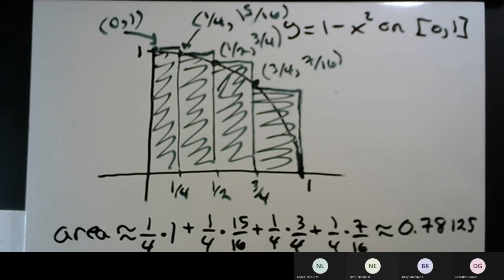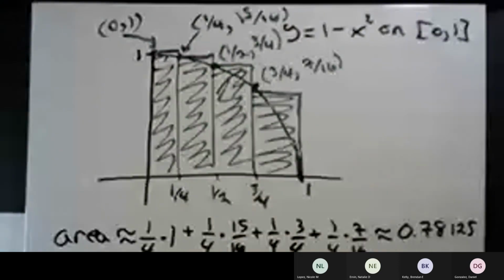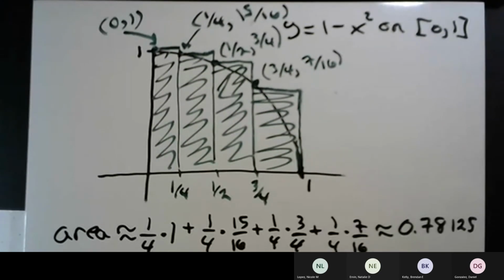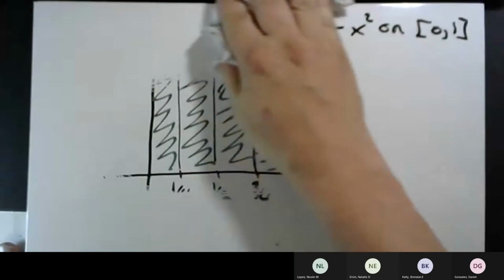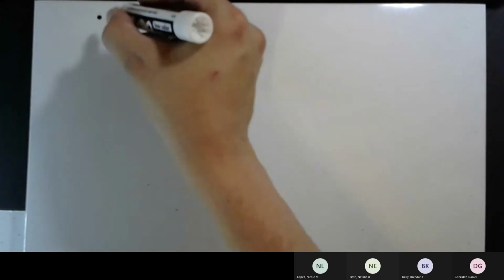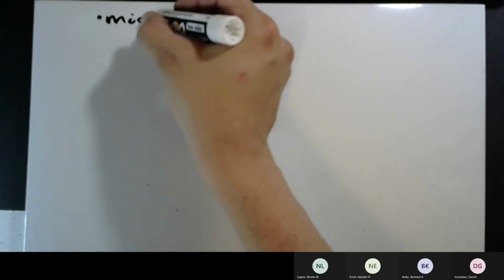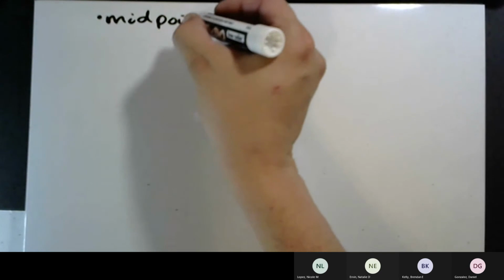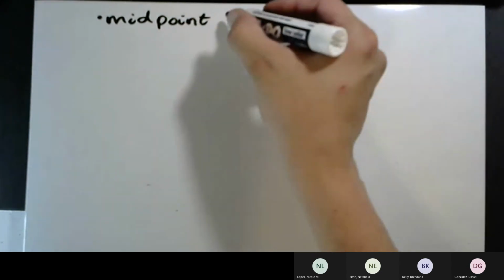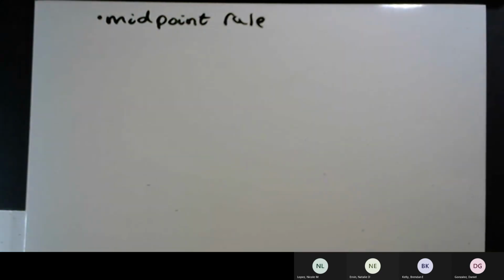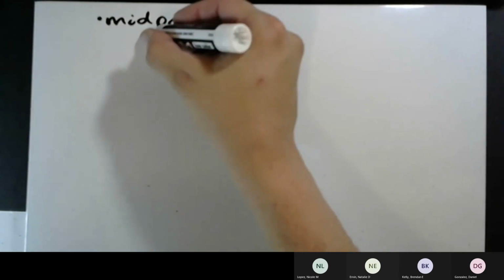So there's one more kind of sum that we can use, and it's called the midpoint rule. So once again, we're going to divide that same function on that same interval and give it a partition.